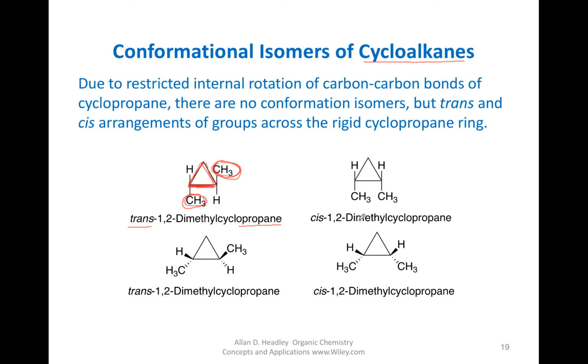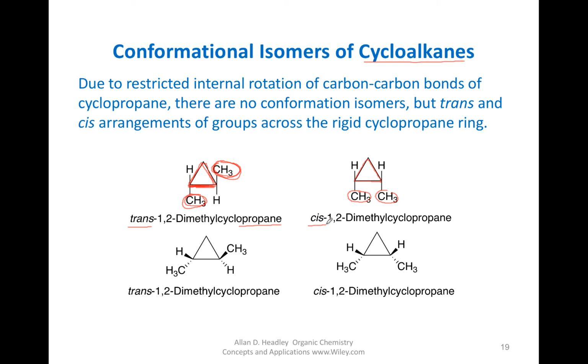This molecule has the same molecular formula, therefore it's an isomer, but it's different because this methyl group and this methyl group are on the same side of this three-membered ring. So therefore it's different, and it's an isomer, but we can get more specific and we call this a cis isomer.